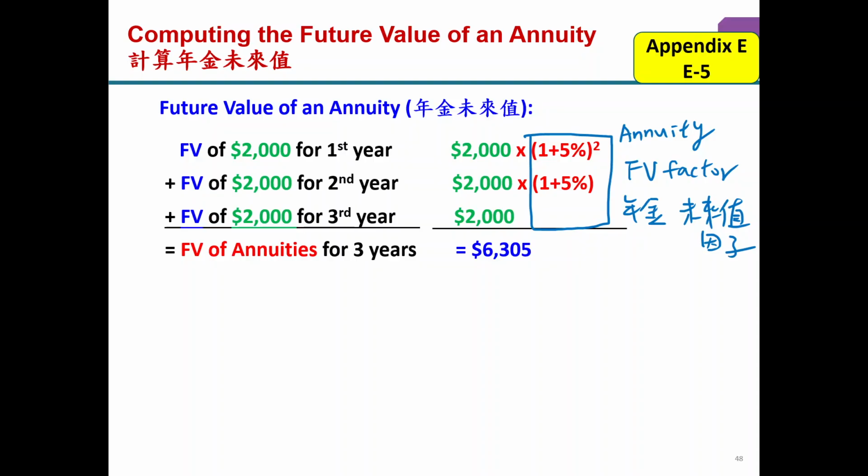So again, you can do your job by yourself. You just use 2,000 times 1 plus 5%, 1 plus 5% 2 times. And you calculate the second 2,000, you calculate the third 2,000 and add up together by yourself. Or you can use accounting tables. We do the jobs for you guys, okay?